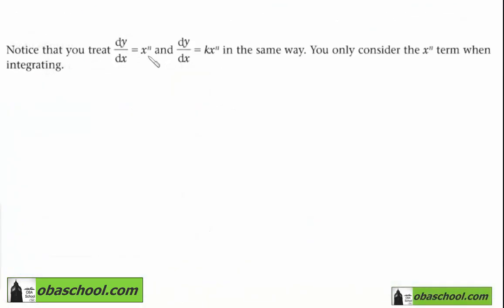So notice that you treat dy by dx equal x to the power n and dy by dx equal k, a constant multiplied by x to the power n, in the same way. You only consider the x power n term when integrating. If dy by dx equal k x to the power n, then y equal k x to the power n plus 1 divided by n plus 1 plus constant where n does not equal minus 1.